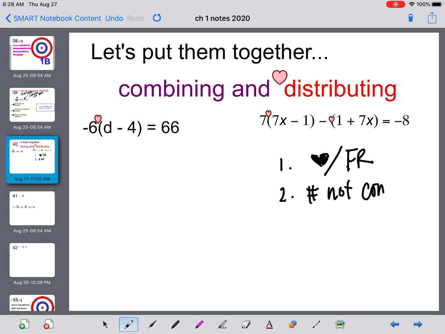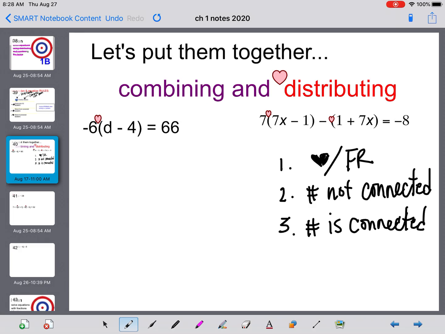And so the number that's not connected to the variable, we remove first. And if you're not in my face-to-face class, that might not make any sense to you, but I kind of use a little illustration in order to determine which number we get rid of first. And then I'm going to remove the number or the coefficient that is connected to my variable. Okay, so those are the three steps I'm going to use.